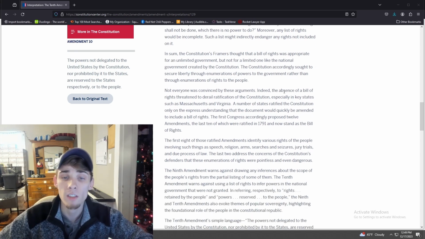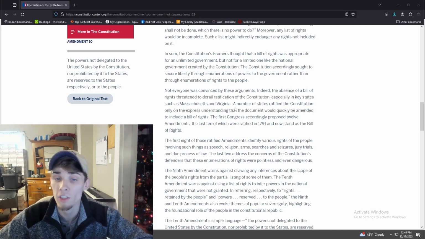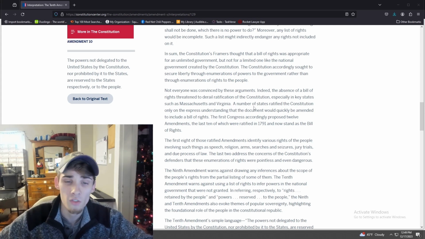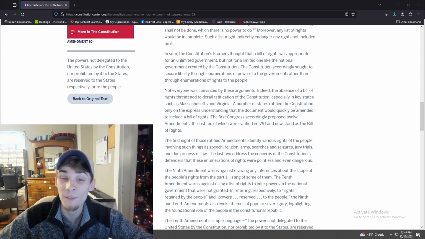Indeed, the absence of a Bill of Rights threatened to derail ratification of the Constitution, especially in key states such as Massachusetts and Virginia. A number of states ratified the Constitution only on the express understanding that the document would quickly be amended to include a Bill of Rights.